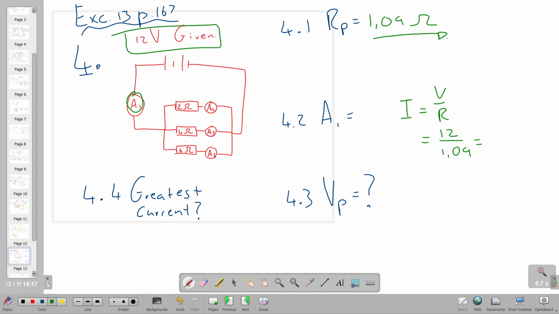Let's just double check. 12 over 1.09. Yes, 11.01. Okay, so we get 11.01 amps, rounded off to 2 decimals. So that's my answer, 11.01 amps.